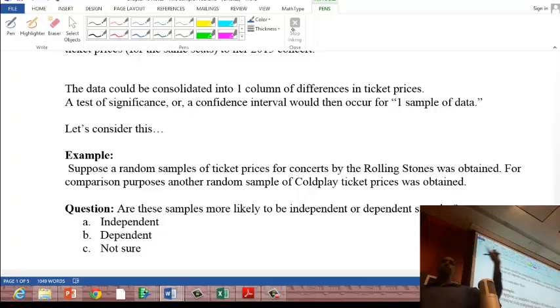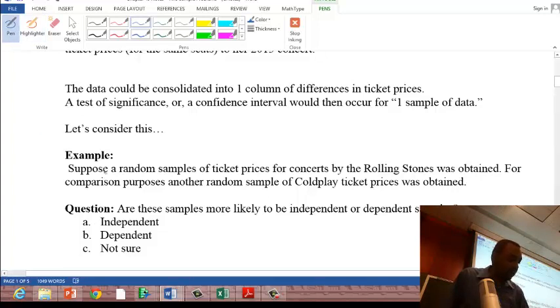You might have different groups of people going to those concerts. So are these samples more likely to be independent or dependent? With the Katy Perry example, the same folks went to the concert in 08 and 13. Here you have different groups, so I'm going to say that this is going to be independent.